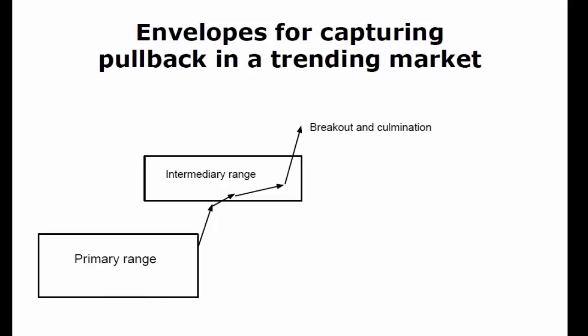For example, when the market is going to break, it is going to generate a rally. You have some primary range, the market emerges from this range and it builds an intermediary range, preparing for the breakout. And you can use envelopes here to capture a pullback, and only after that the market breaks and goes to the preferred direction, right?